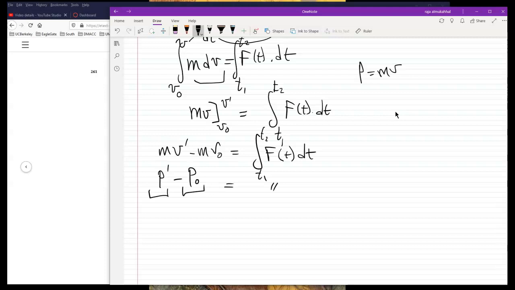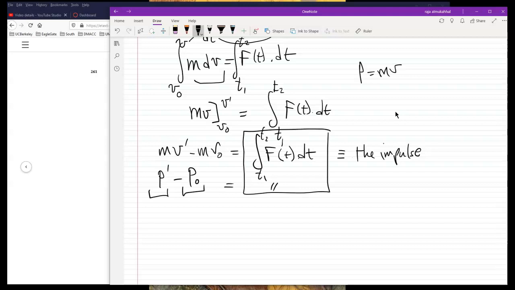Well, what is this integral? We define this integral to be what we call the impulse. The impulse is really the integration of the force dt, provided that the force is a function of time or a constant. That's basically what the impulse is.